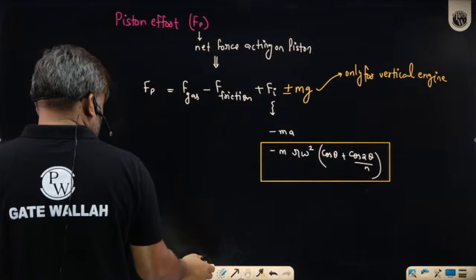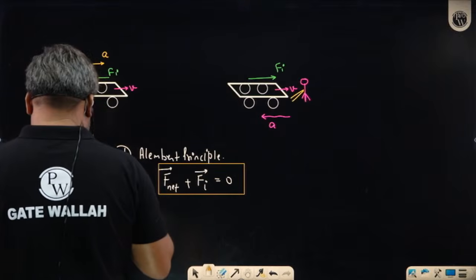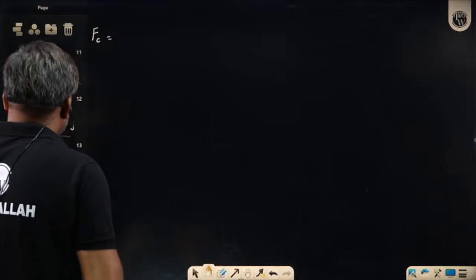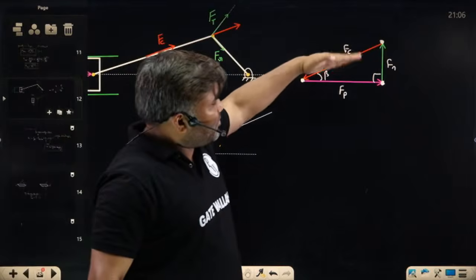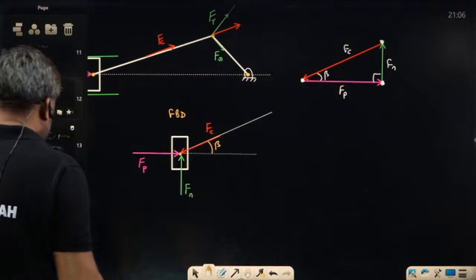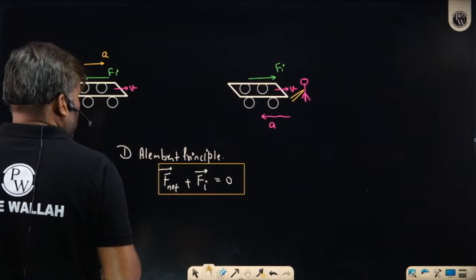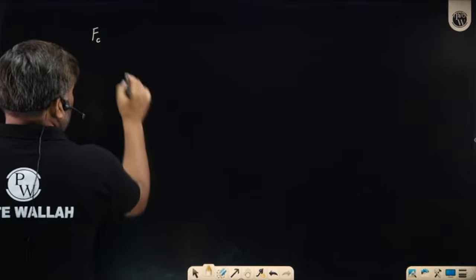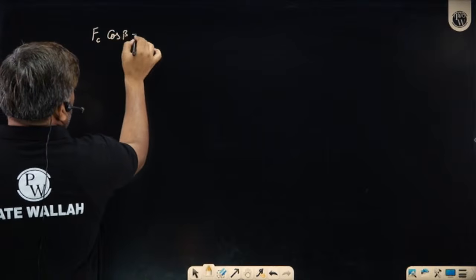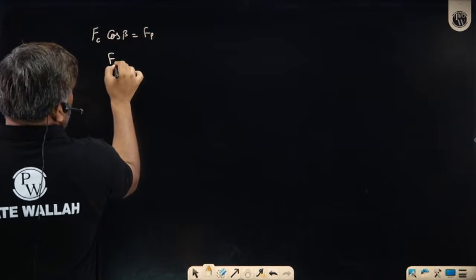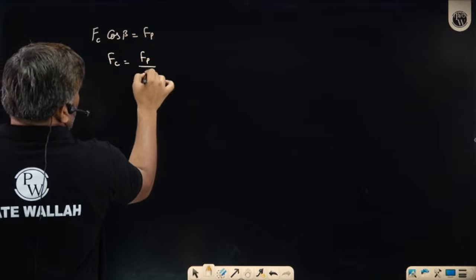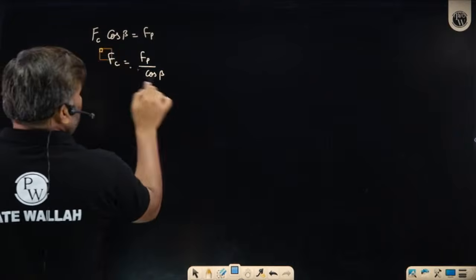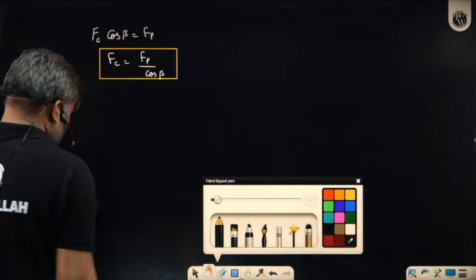Can I write Fc cos beta is same as Fp? Fc cos beta is Fp. You know the value of Fc: Fp upon cos beta.